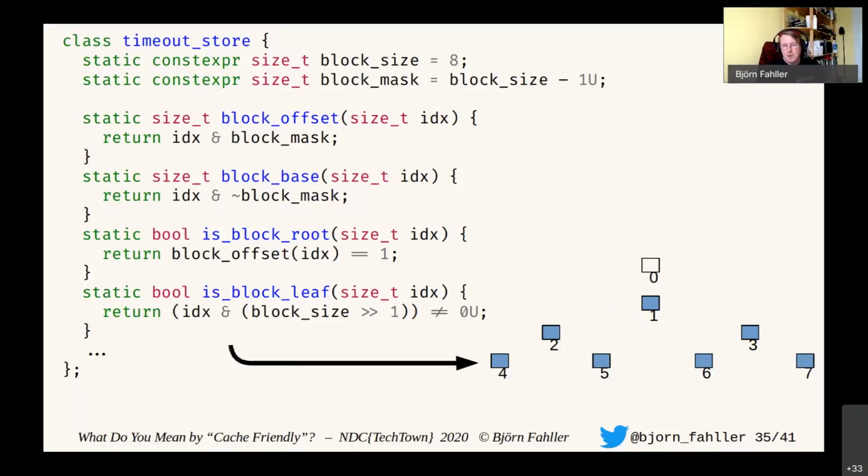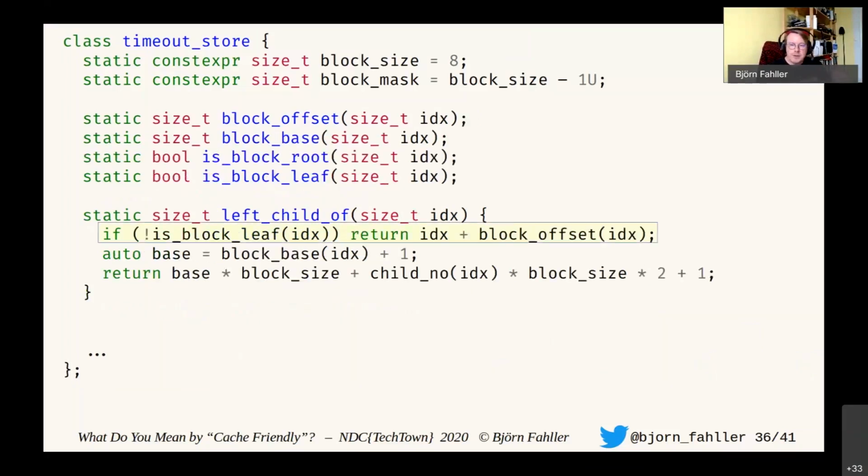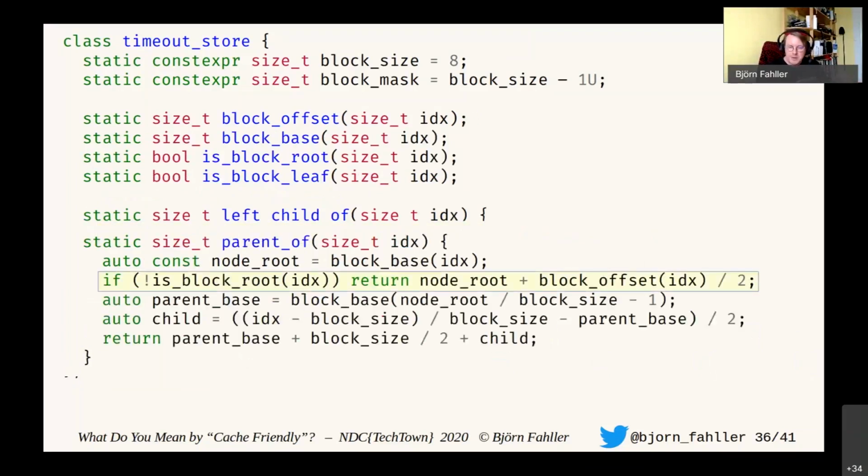And the same for block leaf when going towards the bottom of the heap. So the logic will look like this. If it is a leaf, we do one thing. Otherwise, we do the simple thing, and same when going towards the parent, towards the root. If it's not a block root, it's trivial. Otherwise, it's much more involved.